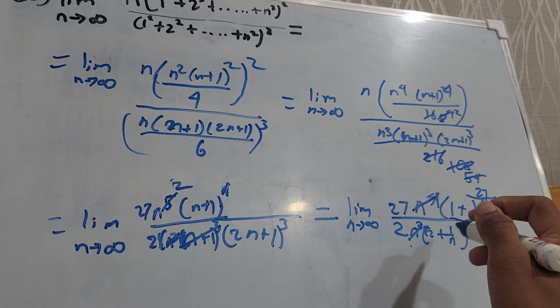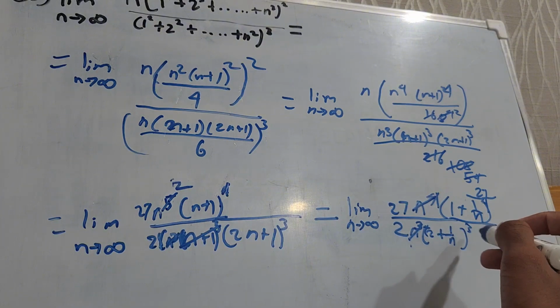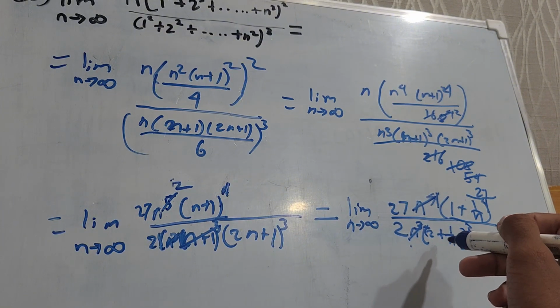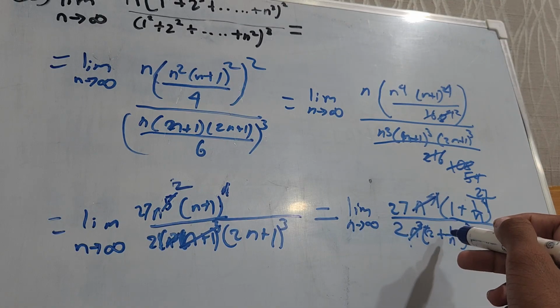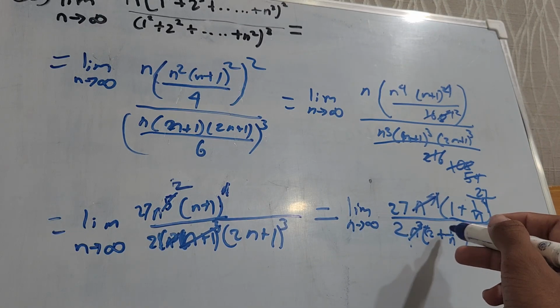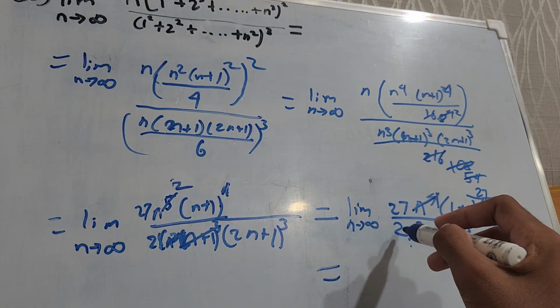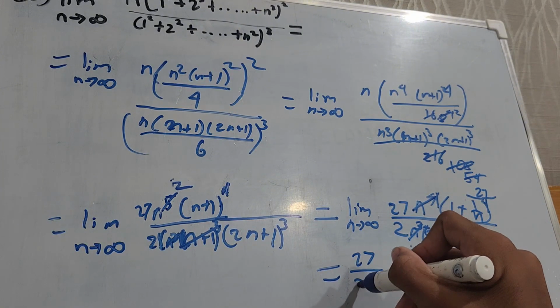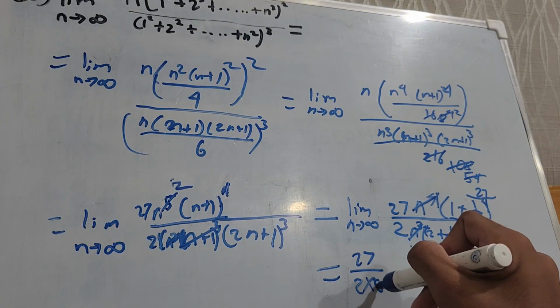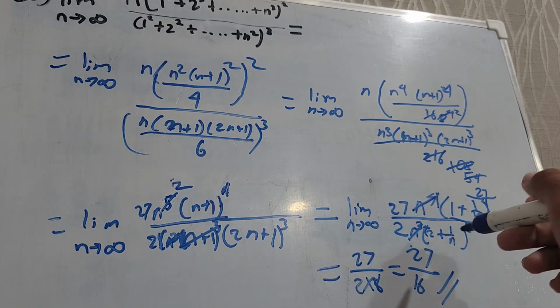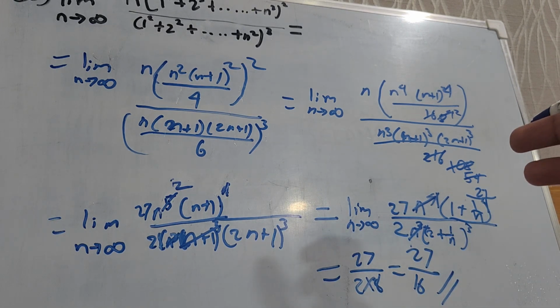So you get, just take out 1 by n, 2 cube 8, which is 27. This is 0 by 27 by 2 into 2 cube 8 into 8, which is equal to 27 by 16. So that's the answer. Now we proceed to the last question and we'll end this.